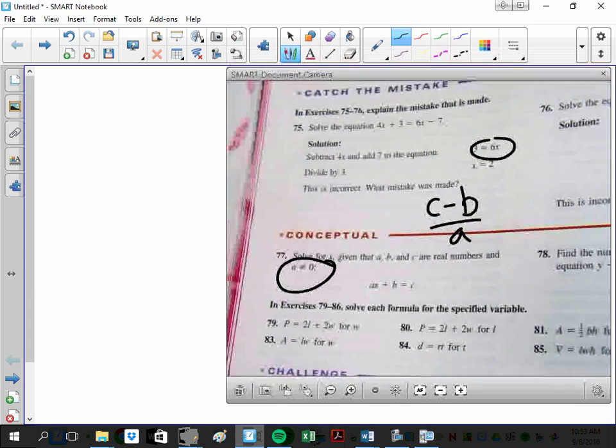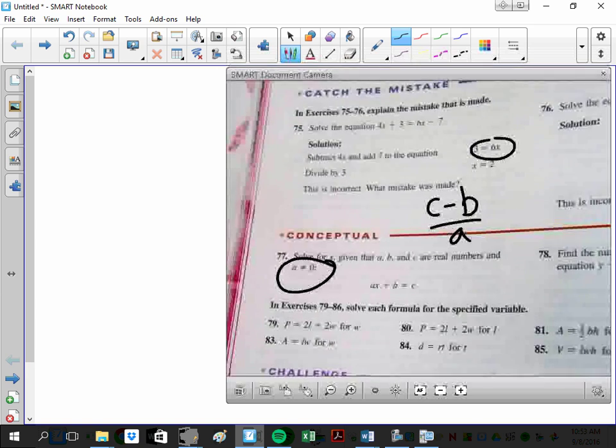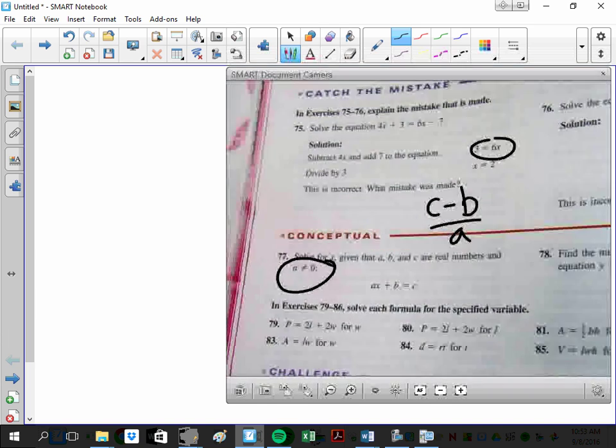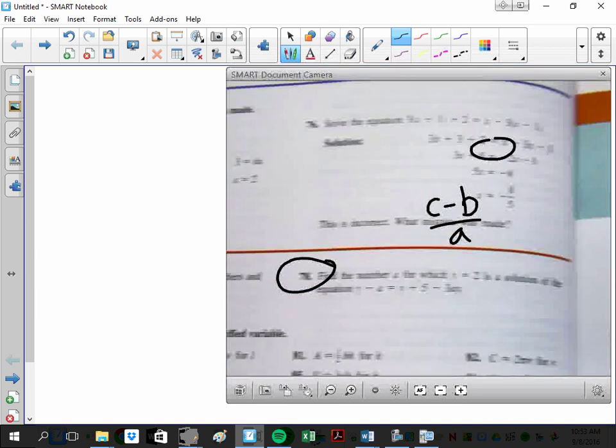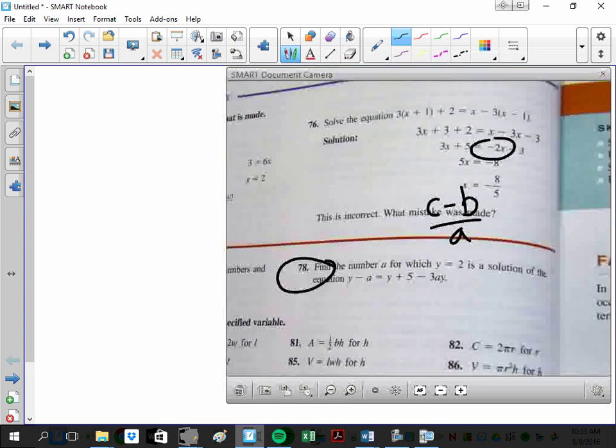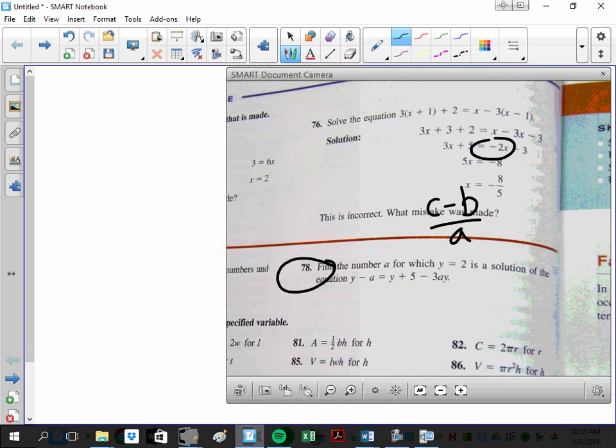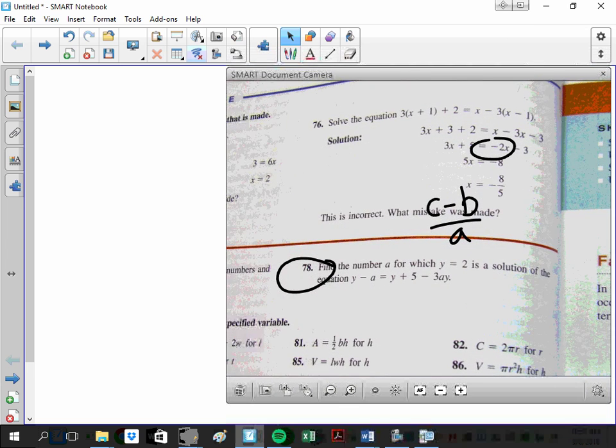If a is 0, then you divide by 0, which is undefined. So that's a problem. And 78, same thing. You have a more abstract concept. Figure out what that solution is. All right. Good luck.